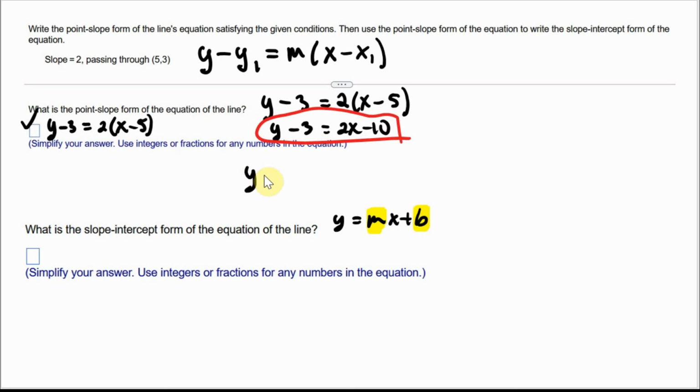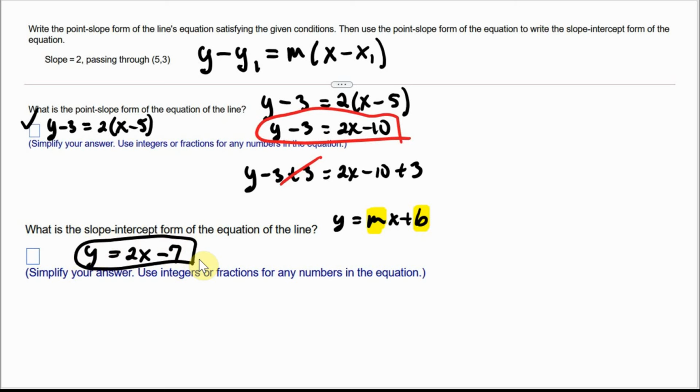So I get y minus 3 plus 3 is equal to 2x minus 10 plus 3. Then I can write the answer. This is y is equal to 2x minus 7. That's all.